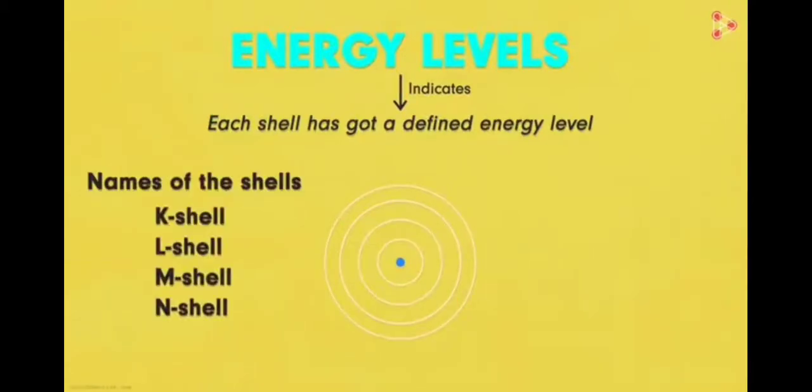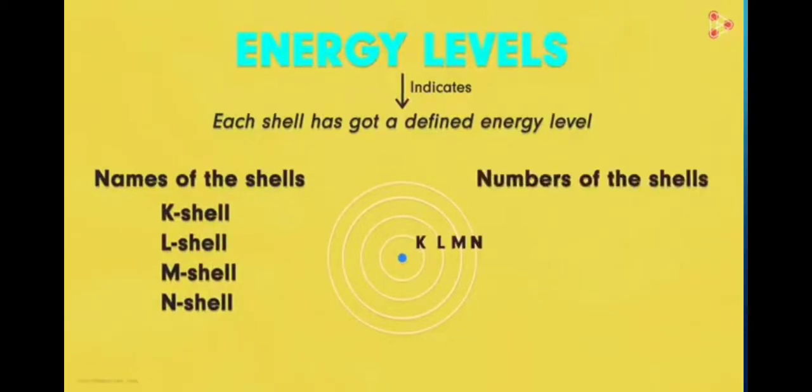And how do we name these shells to indicate their position? It's simple. Beginning from the one near the nucleus, we name them as the K shell, L shell, M shell, N shell, and so on. Yes, K, L, M, N, and so on. And what if we want to number them?